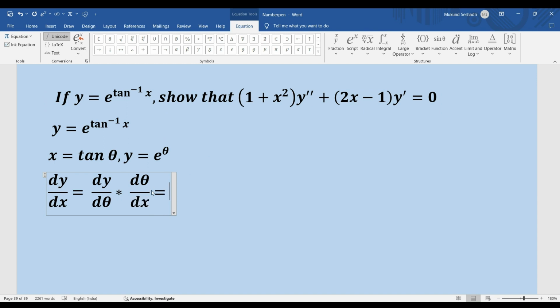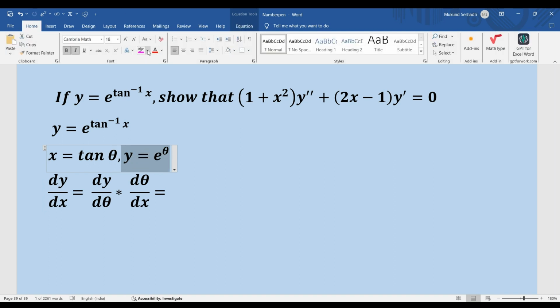My dy by d theta is nothing but d by d theta of e to the power theta. Let's highlight it in, say, green. And this green expression, dy by d theta, is nothing but, again, e to the power theta, right? We know this from first principles, so let's write it as it is.